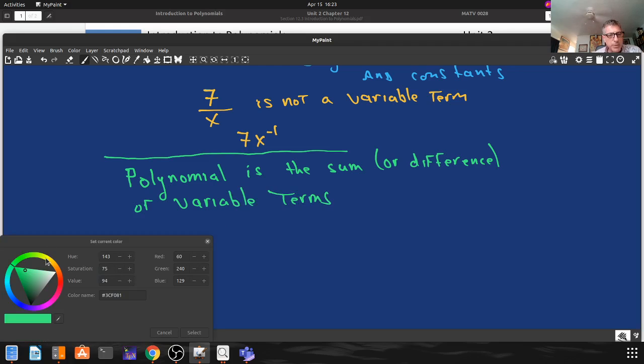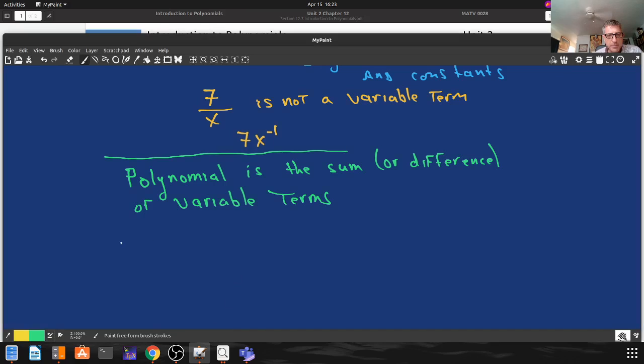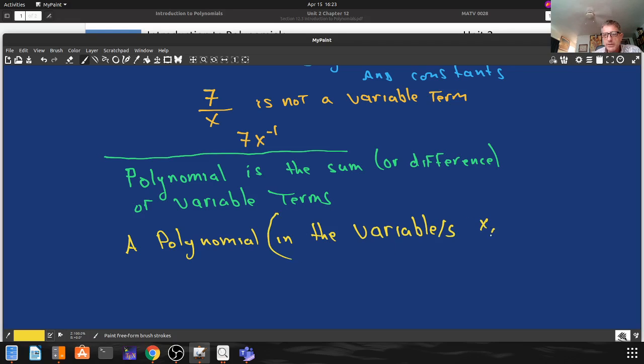Now sometimes we want to be more specific, and we will talk about a polynomial in the variables x, y, z, and the list is always finite.